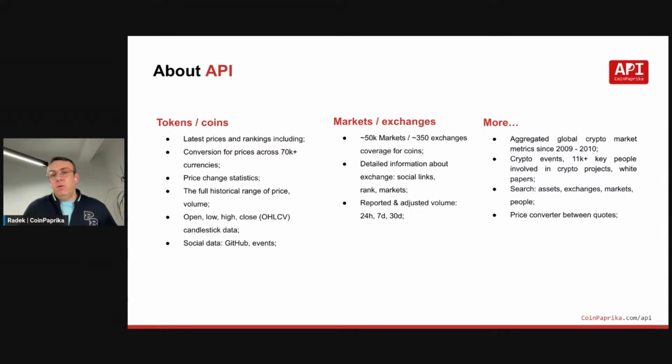And the third category, which is, I would say, more like tools or additional endpoints, is about, let's say, people involved in projects, events happening within a given crypto community, or even if you are interested in, let's say, converting price from Bitcoin to USDC, US dollars, because you are building, let's say, a crypto payment gateway, you are also more than welcome to try those endpoints.